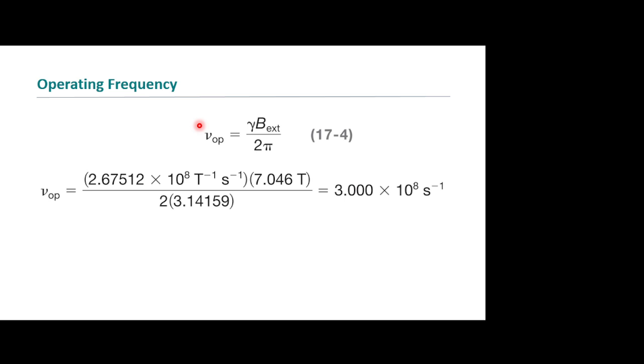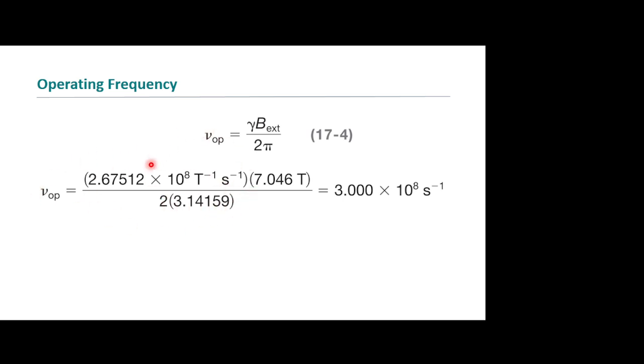And so this is going to be the operating frequency of your spectrometer. This has to be equal to the frequency of the absorbed photon. And so substituting your operating frequency for the frequency of your photon in the equations above, this is going to give you this right here.